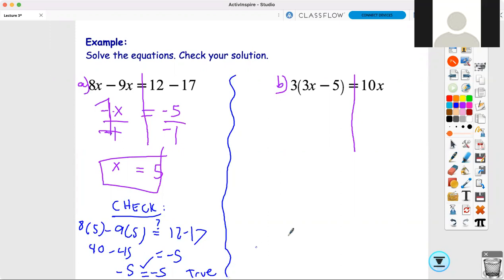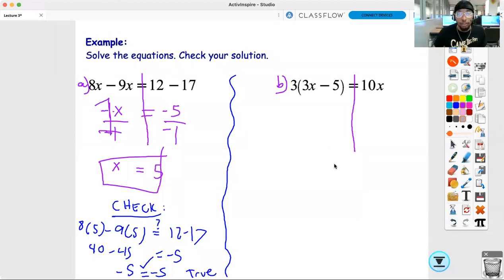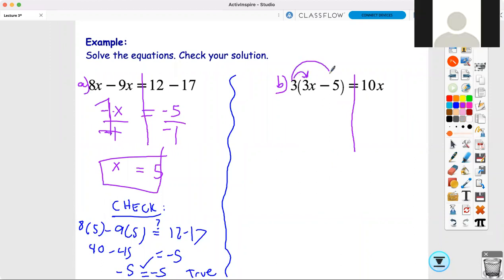Now we're going to go ahead and look at B. Can I simplify the left-hand side with any properties we've learned so far? The 3 times the 3x and then the 3 times -5. That's distributive, correct. The distributive property.